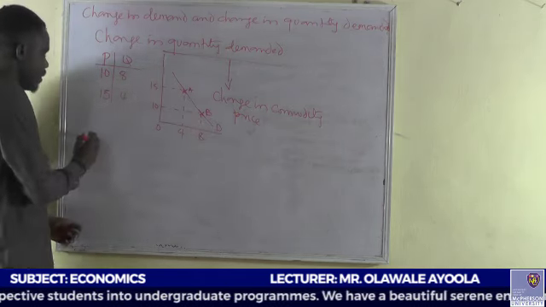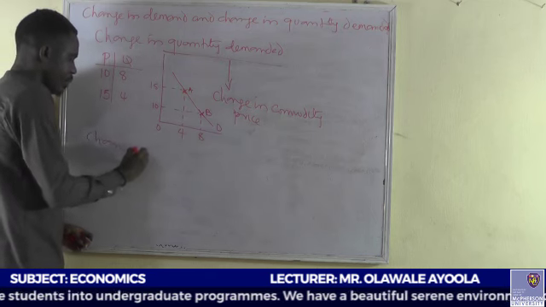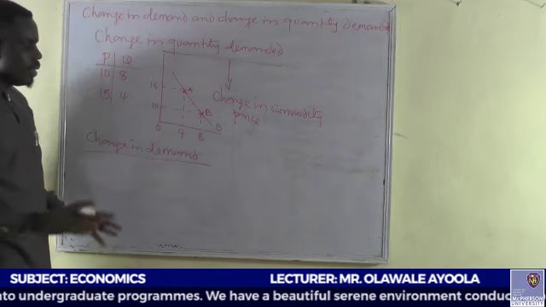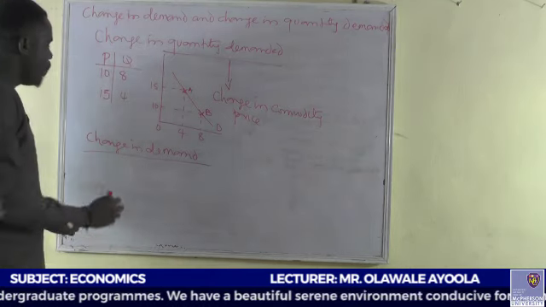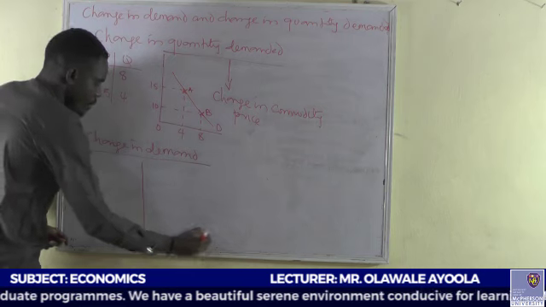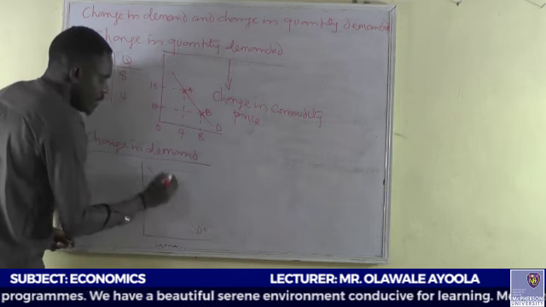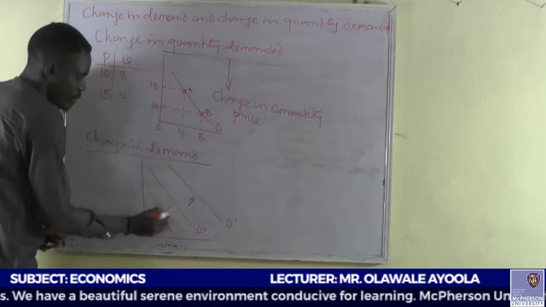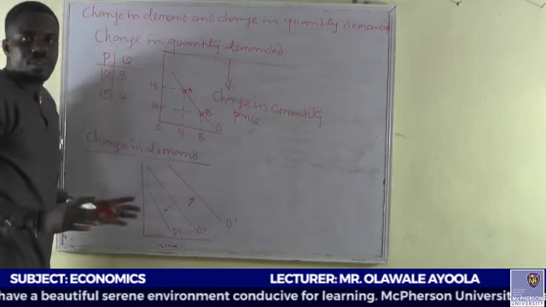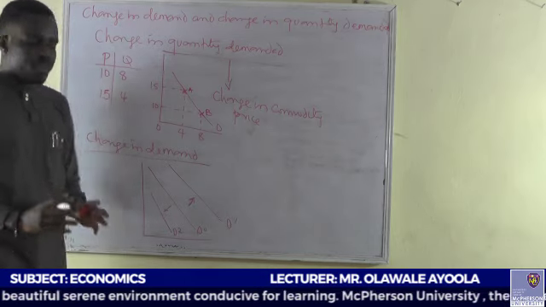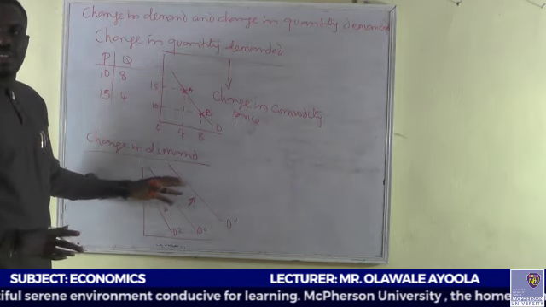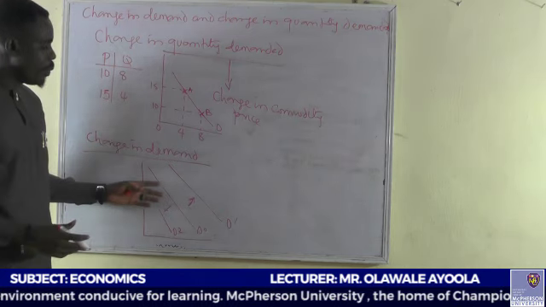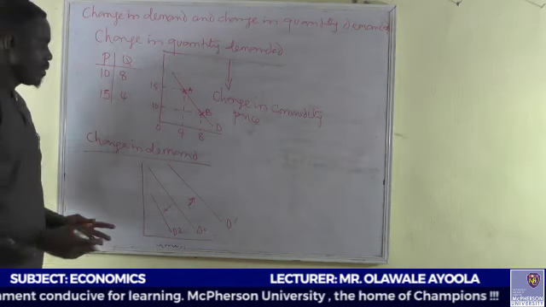Back to change in demand. Change in demand is a complete shift of the demand curve, either to the right or to the left. However, what could be responsible for shifts in demand?